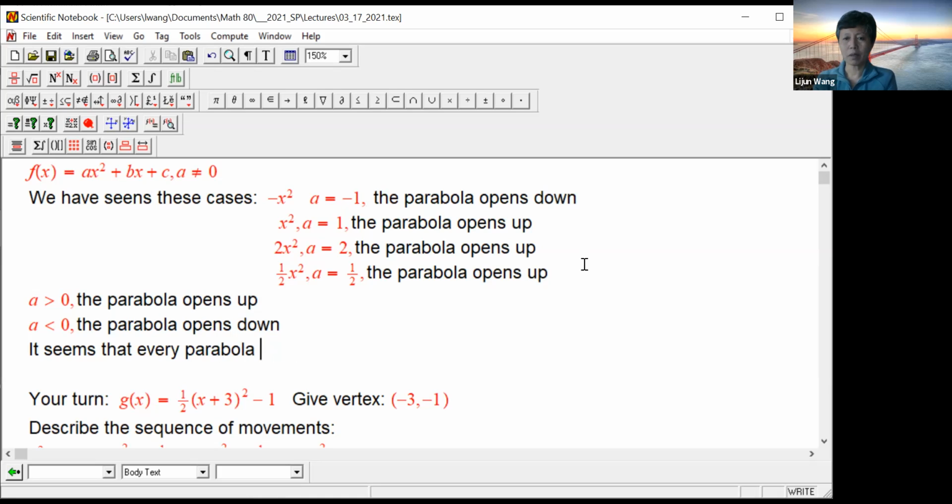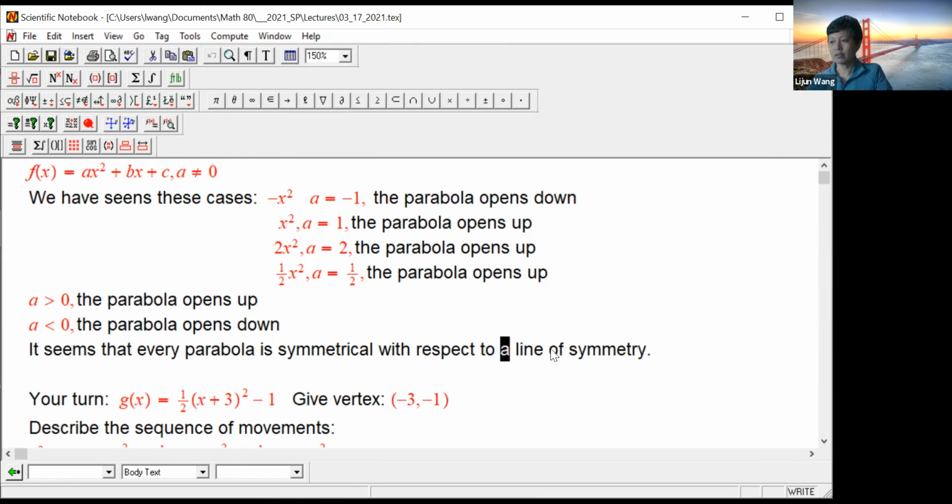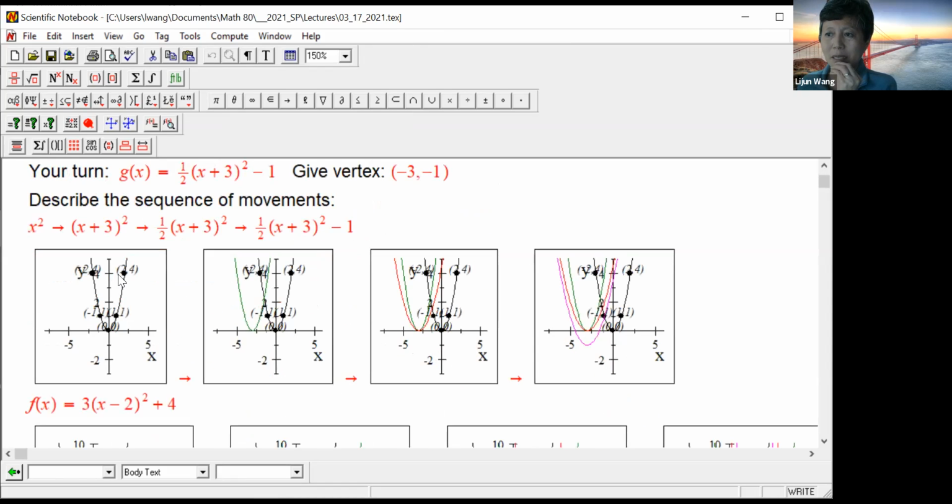Every parabola is symmetrical with respect to a line of symmetry. This line of symmetry is to be determined. In some cases, the line of symmetry is just the y-axis.